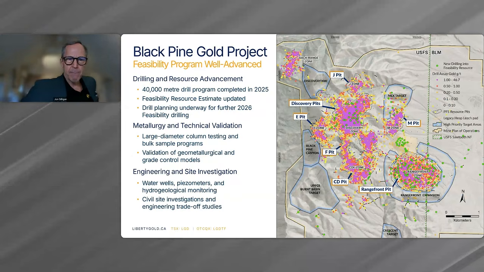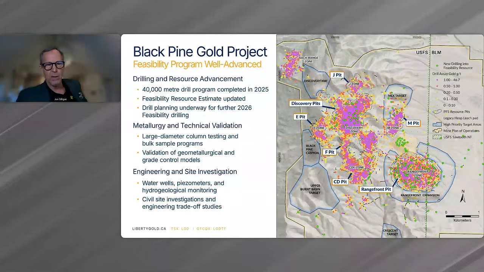We have the resource result that I showed you. It really comes out of this drilling program in green. That was the 40-odd thousand meters that we did across the deposit, mainly focused on Rangefront over last year. We have some large diameter column metallurgical tests still completing now.